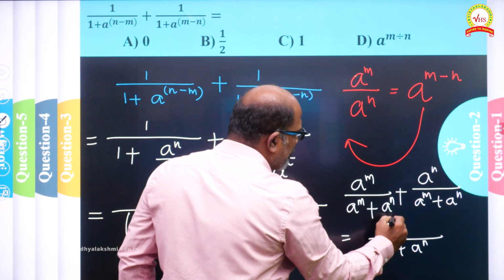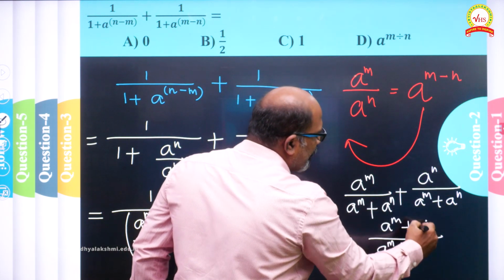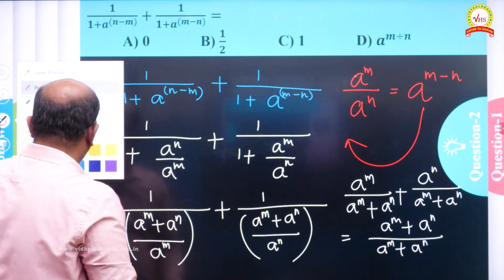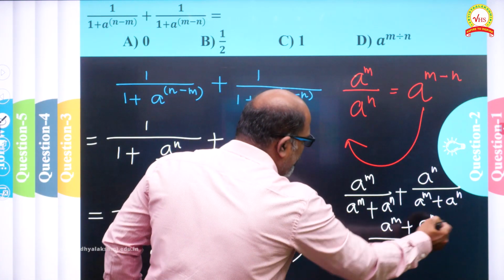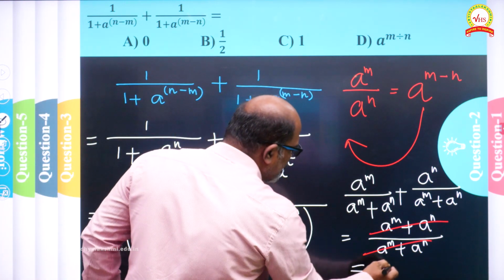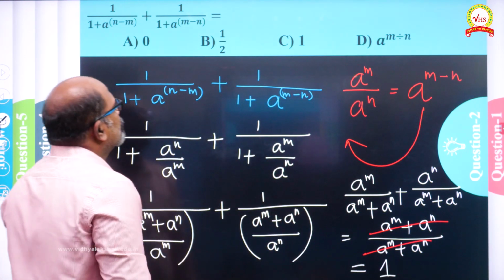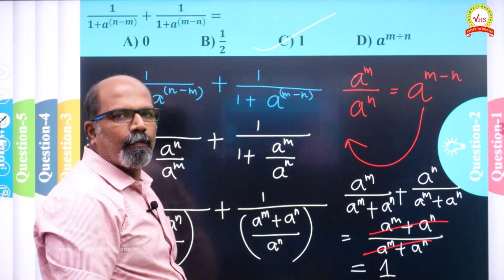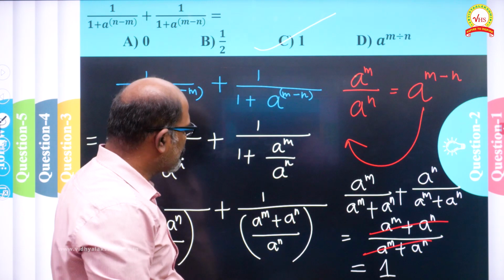Here the numerator is a power m and there we are having a power n. So same factors on the numerator and denominator, we can make cancellation, and the solution that we are getting for this question is 1. 1 is the answer for this question.